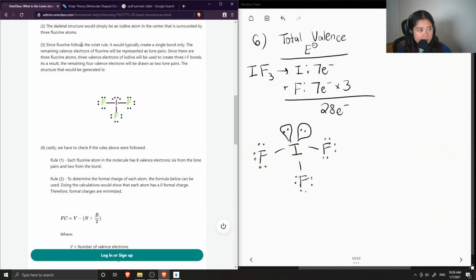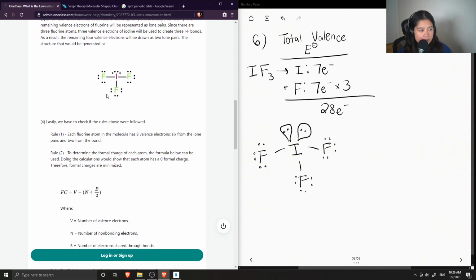Since fluorine follows the octet rule, it would typically create a single bond only. The remaining valence electrons will be represented as lone pairs. Since there are 3 fluorine atoms, 3 valence electrons of iodine will be used to create 3 bonds. As a result, the remaining 4 valence electrons will be drawn as 2 lone pairs, and they got the following structure.